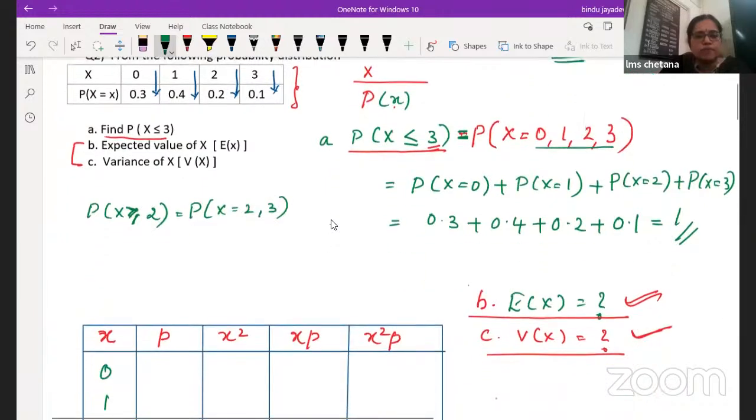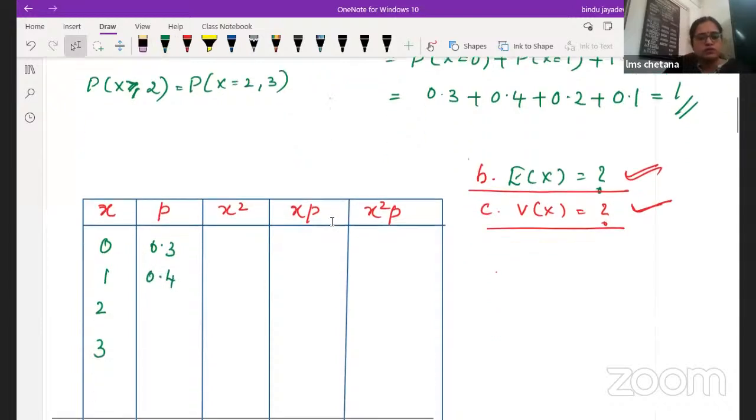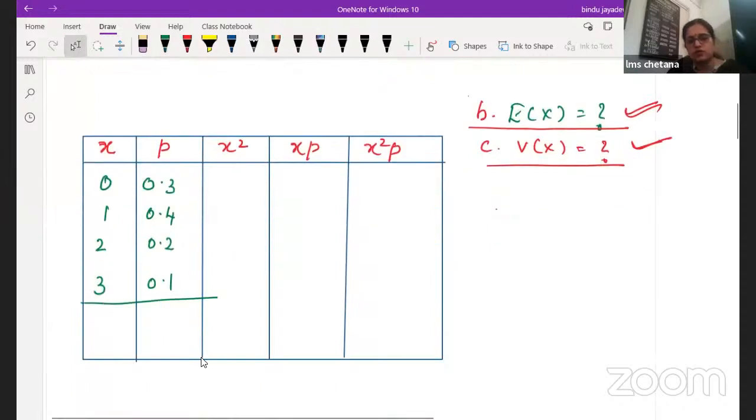That is probability: 0.3, 0.3, 0.4, 0.2, and 0.1. Okay, completed. Now just complete here.